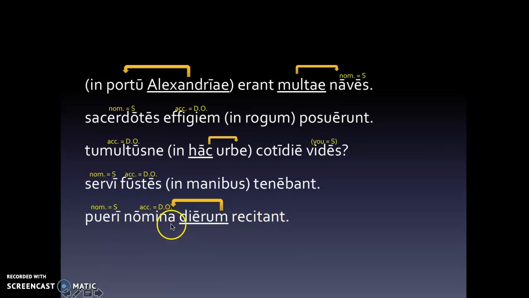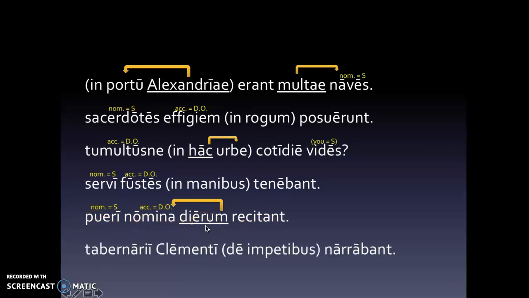You could not have a singular subject with a plural verb. So this right here is a neuter noun, and remember, neuter nouns always end in a for the nominative and the accusative plural. So that's how we know that this is accusative plural. So the boys recite the names of the days.